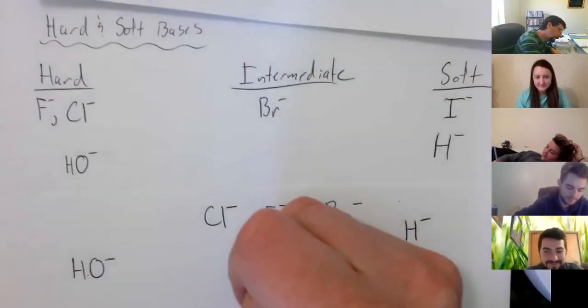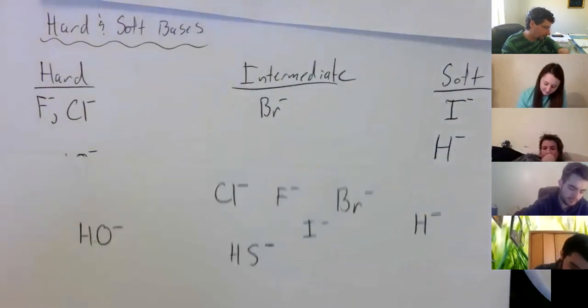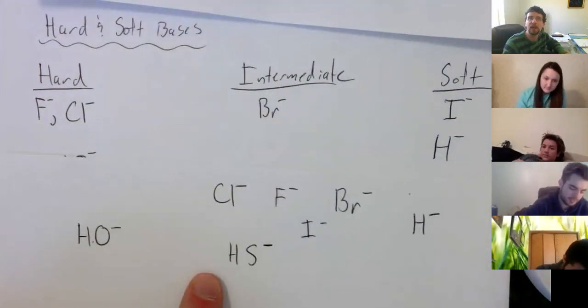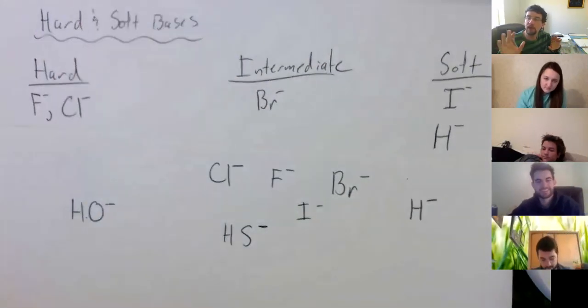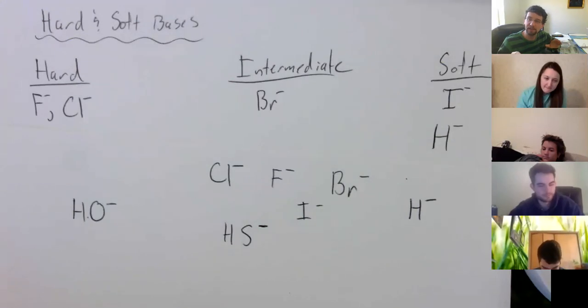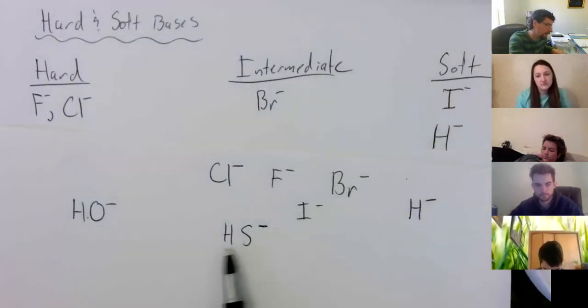So this doesn't really have to do with strength of base, or does it? It's not. Remember, not linear. When we're talking about strength of acids and bases, we're talking about their ability to dissociate, not necessarily the reactivity. HS minus.